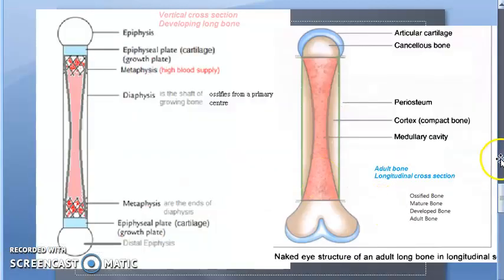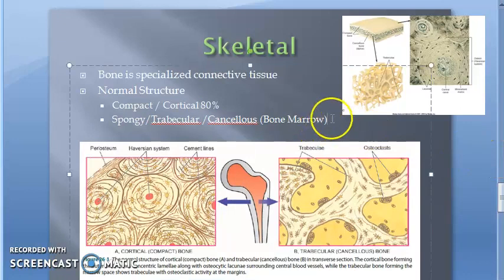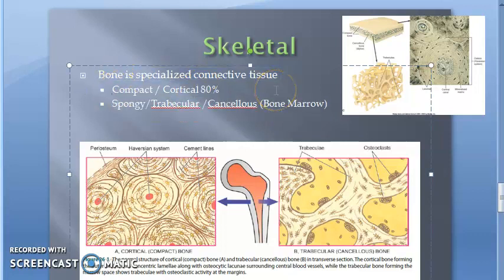Three types of cells you should know, guys. Osteocytes. These are normal cells of the bone. Then you have osteoblasts, which become osteocytes. Right?